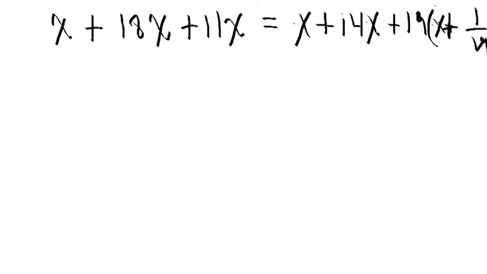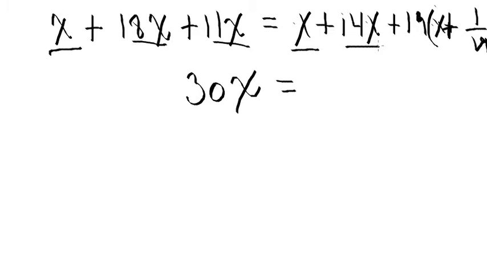Okay, so remember, we always collect up all our like terms, and of course these are all like terms. Add their coefficients. So 1 plus 18 is 19, and 19 and 11 is 30. So 30x is equal to, we have some like terms here, that's going to be 15x.